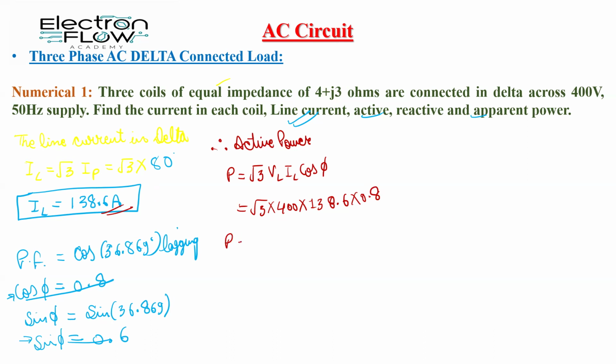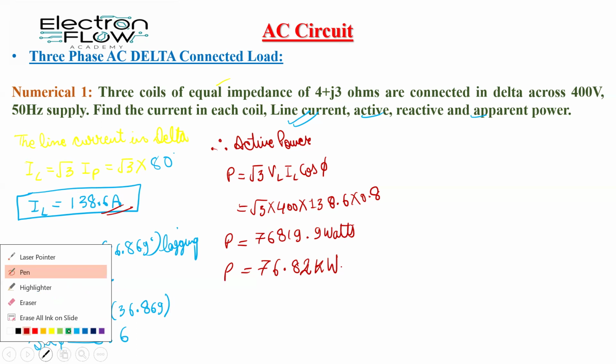The active power is equal to 76819.9 watts, or we can rewrite this in kilowatts as 76.82 kilowatts. This is our active power.